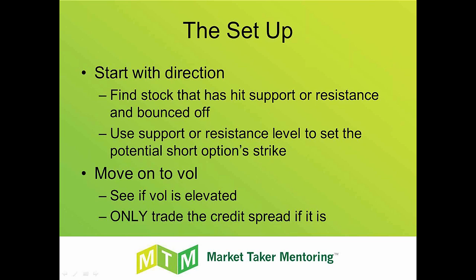Support in the case of a put credit spread, resistance in the case of a call credit spread. Now I'm not going to make the trade yet because there's one more filter I need to look at. Volatility. I'm going to see if volatility is elevated, and I'm only going to trade the spread if volatility is high.